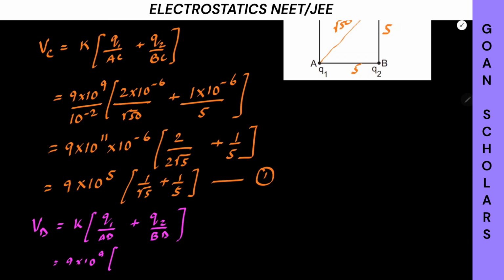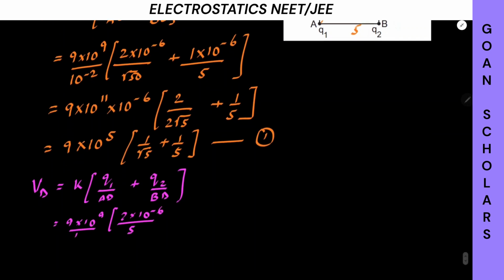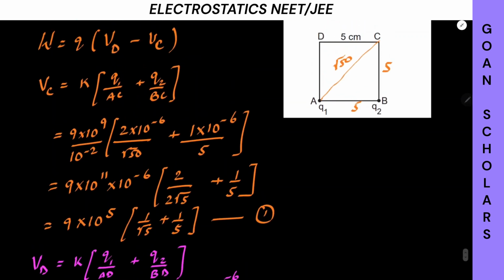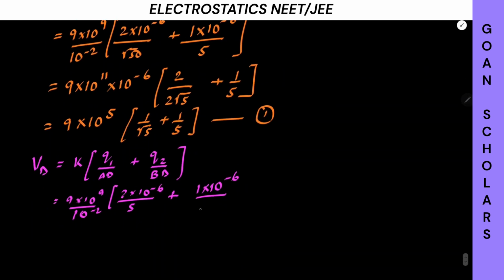Q1 here is 2 into 10 to the power minus 6 whole divided by AD, which is 5, and let's take centimeter outside only, 10 to the power minus 2, okay, plus what's our second charge? Q2, 1 into 10 to the power minus 6, and this time BD, you can see that's the diagonal, so root 50 once again.